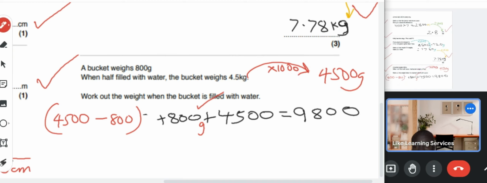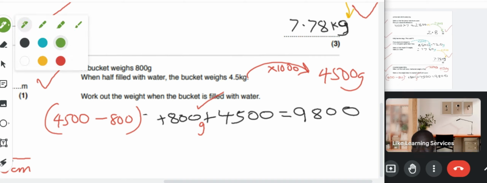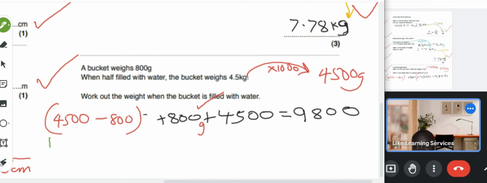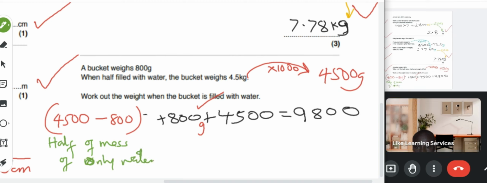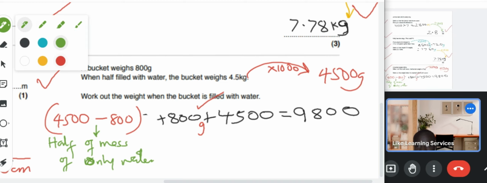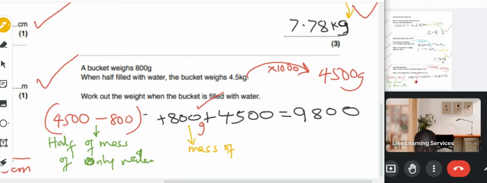Half of the mass of only water is this one, and this one is the mass of the pocket alone, mass of only the pocket.